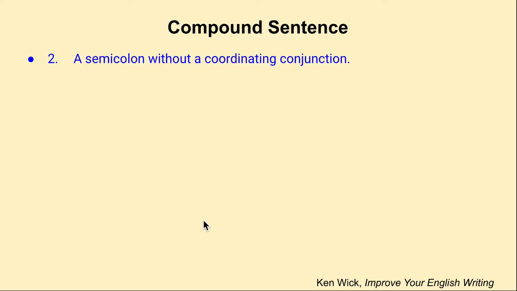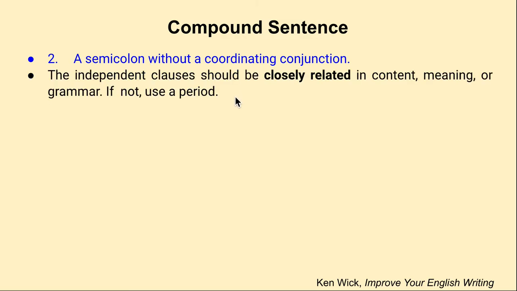The second way you can separate or join two independent clauses in a compound sentence is to use a semicolon without a coordinating conjunction. But these independent clauses should be closely related in content, meaning, or grammar. If not, use a period. So to use a semicolon between two independent clauses, they need to be closely related in this fashion: content, meaning, or grammar.